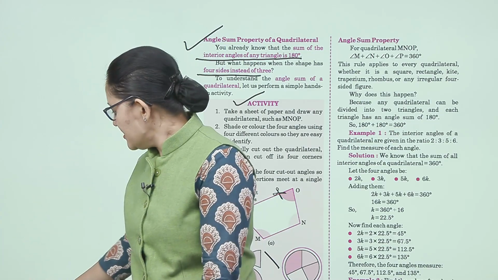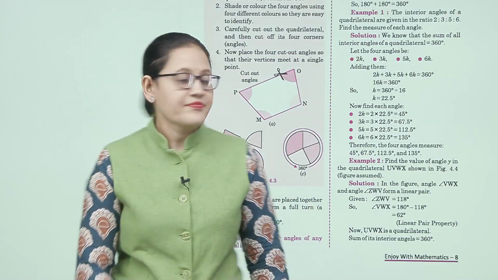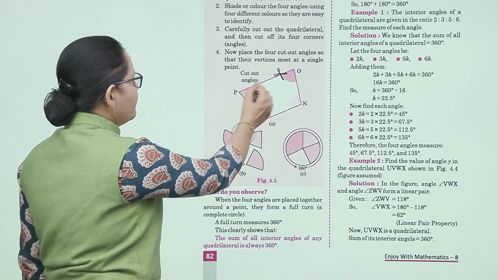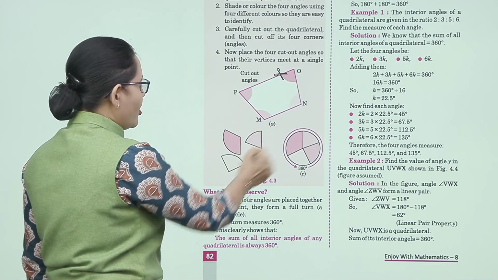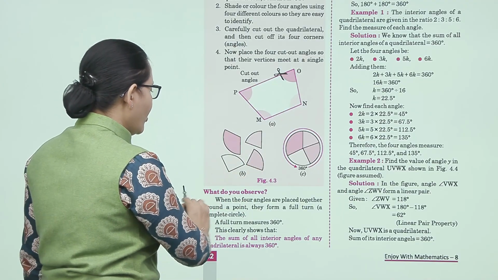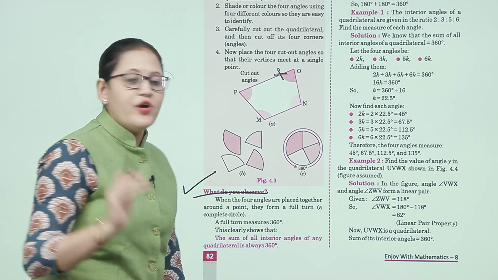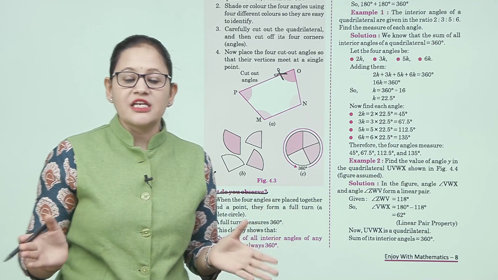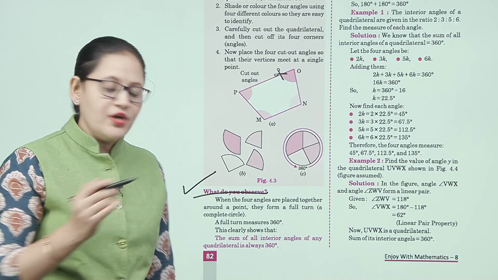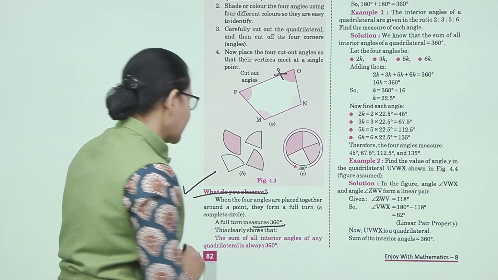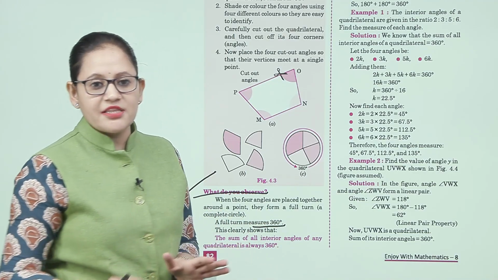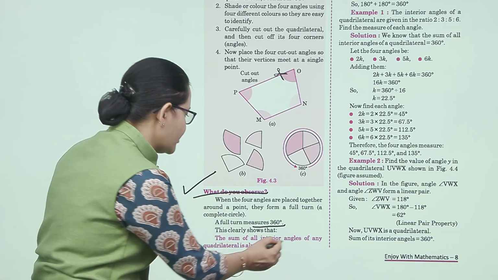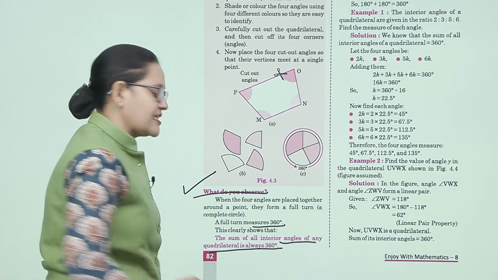What do you observe? When the 4 angles are placed together around the point, they form a full turn, like a complete circle. The full turn measures 360 degrees. That clearly shows that the sum of all interior angles of a quadrilateral is always 360 degrees.